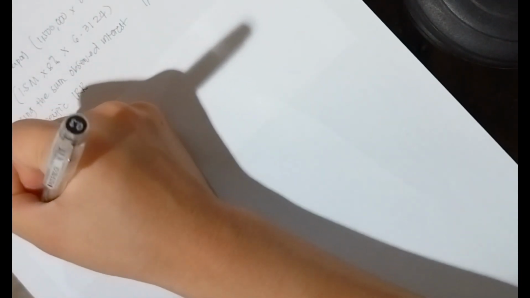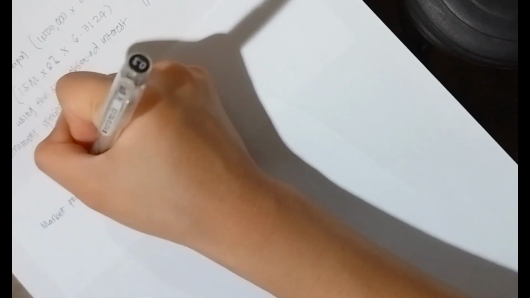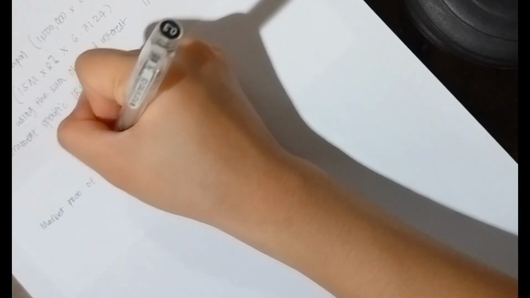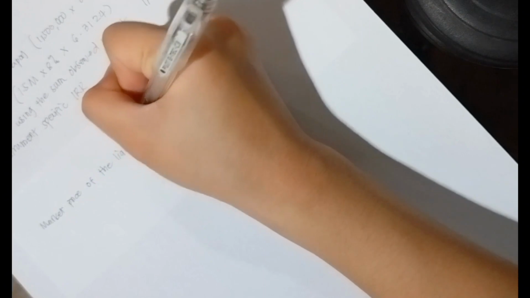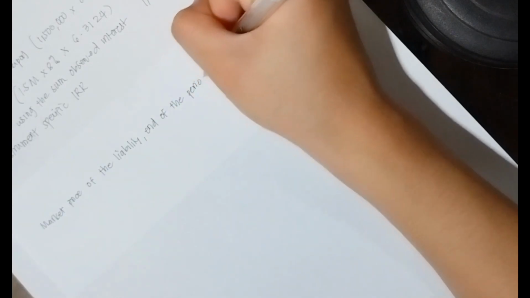So for requirement number 2, we're going to compute the unrealized gain or loss to be recognized in the profit or loss during 2021. So to compute, we have the market price of the liability at the end of the period. We already computed it.